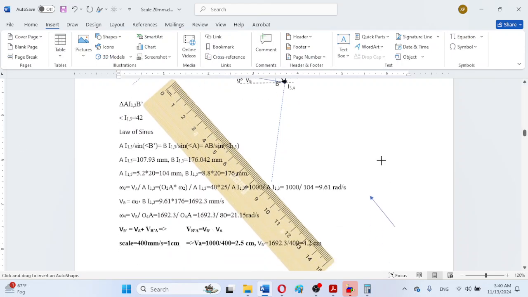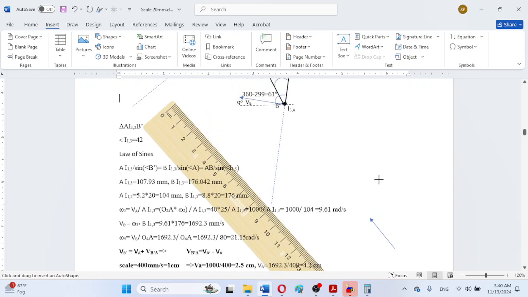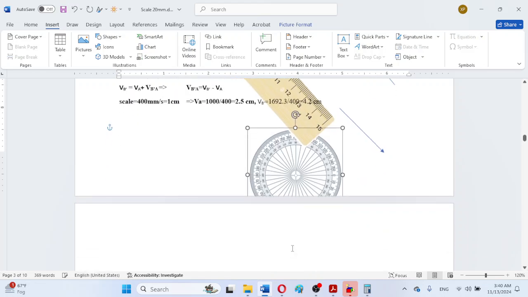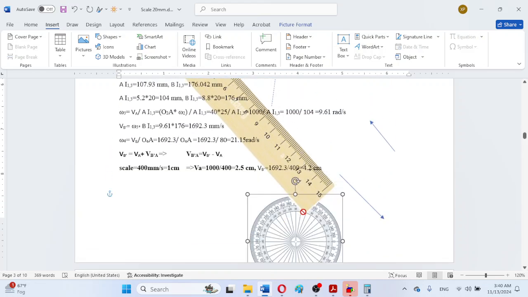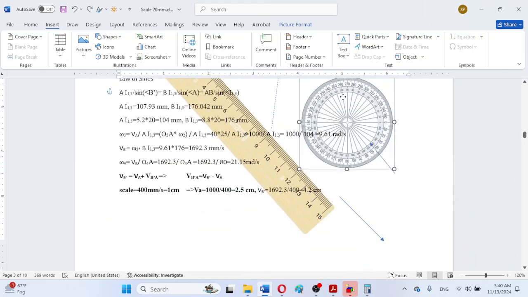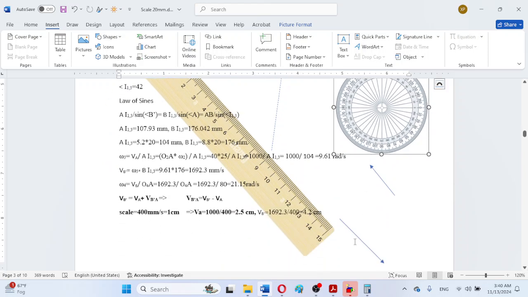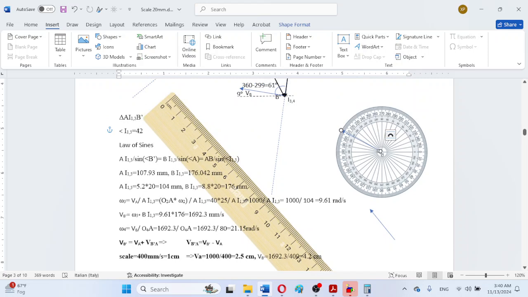For example, at this location VB is 9 degrees along the horizontal. So for example, just place the protractor here at this location, and move it here, and this is the 180 degree line.